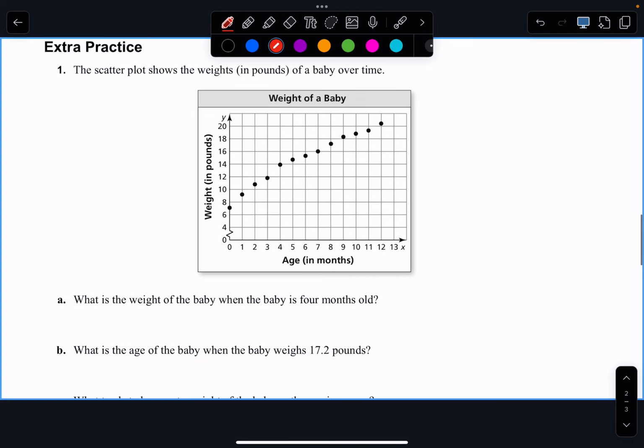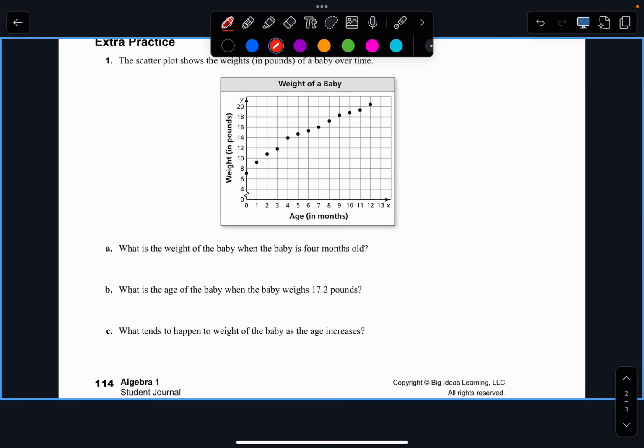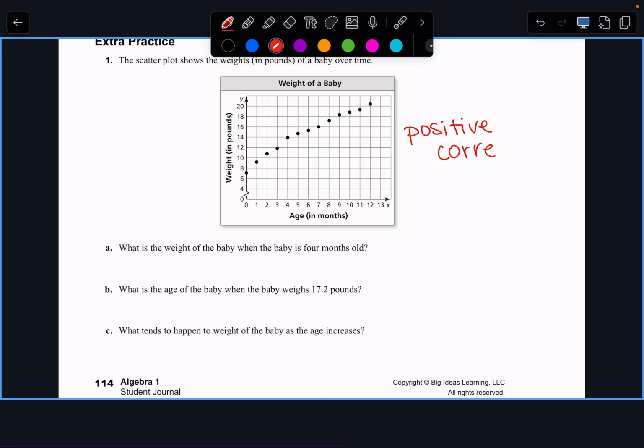Okay. So on the next page, this page 114, can you tell me what sort of correlation this has? This has positive correlation. Okay.